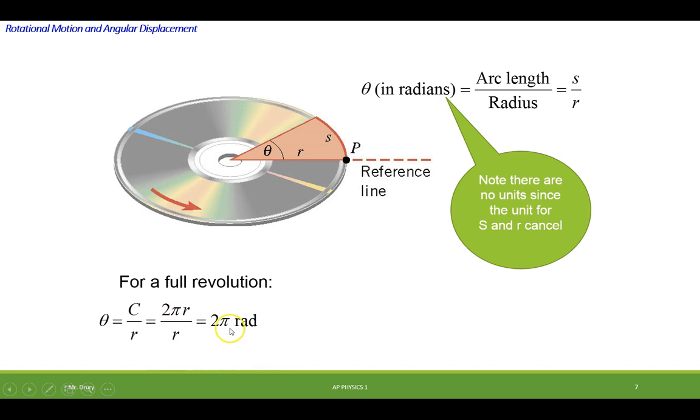So for one complete rotation, you've gone 2 pi radians. And let's equate that to degrees. Therefore 2 pi radians is equal to 360 degrees, because there are 360 degrees in a circle, and we've gone through one circle. And also therefore pi radians is the same thing as 180 degrees.